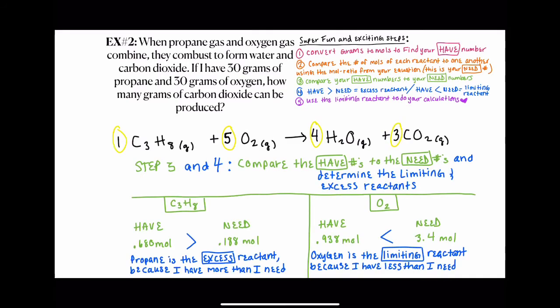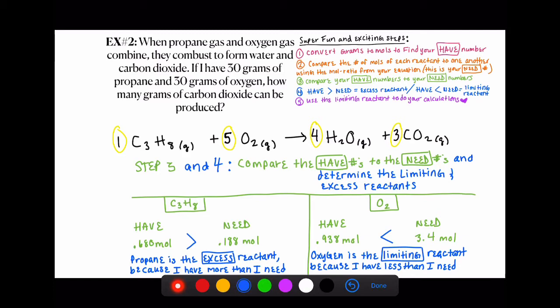Okay, so this is step 3 and 4. If you're looking at propane, I have 0.68 moles, and I only need 0.188 moles of propane. That means I'm going to have plenty left over. It's going to be the excess. But if I'm looking at oxygen, I have a lot less than I need.